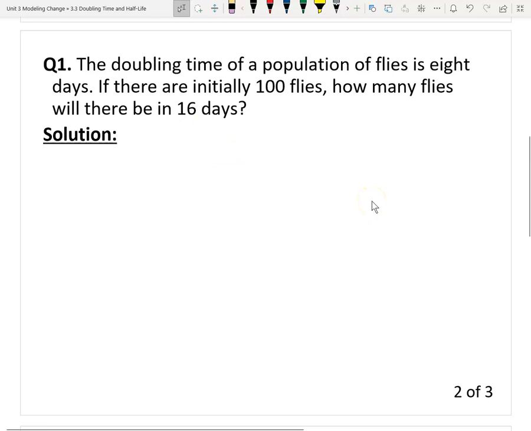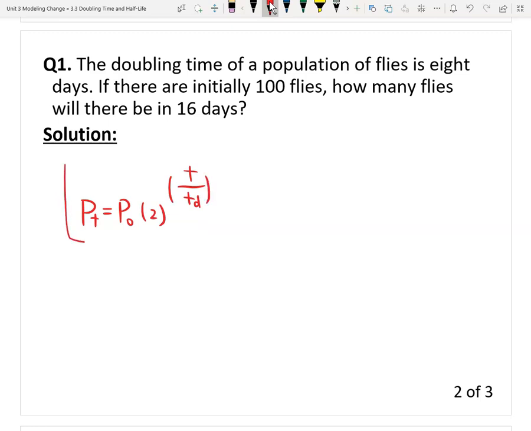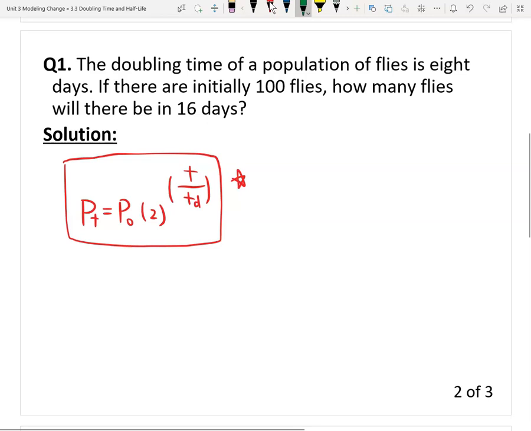Let me copy the formula first. So I put the formula here, which is Pt, the future value, equals P0, initial, times 2 raised to the power of t over TD, right? That's all we need. So now we need to find the parameters.